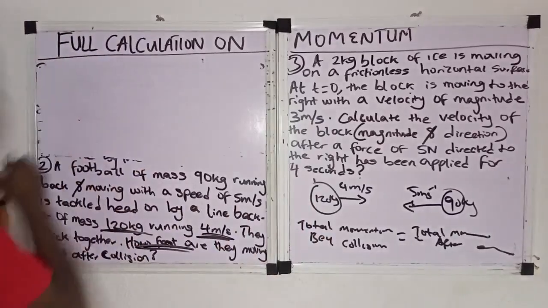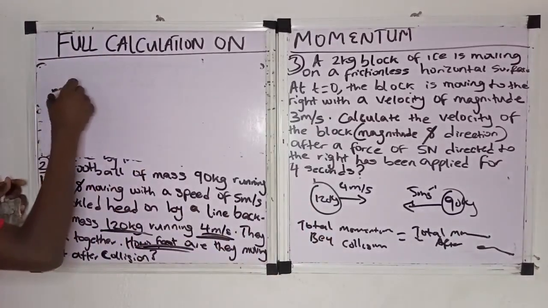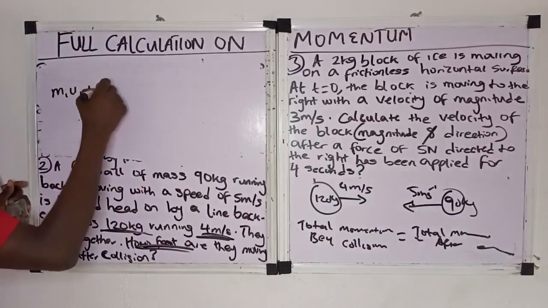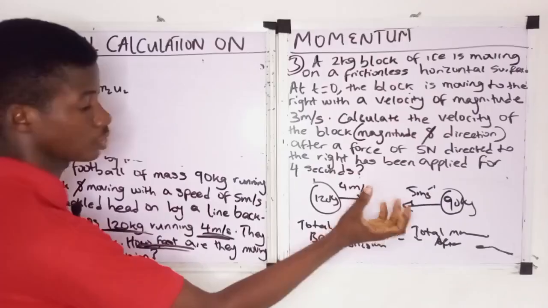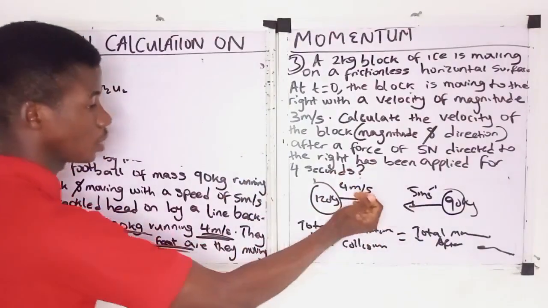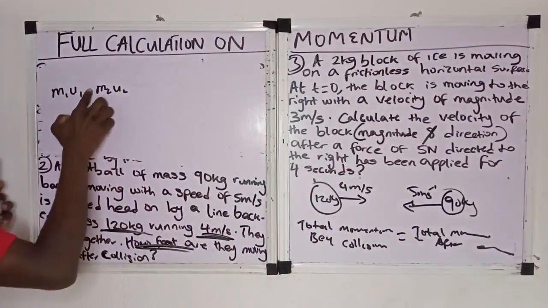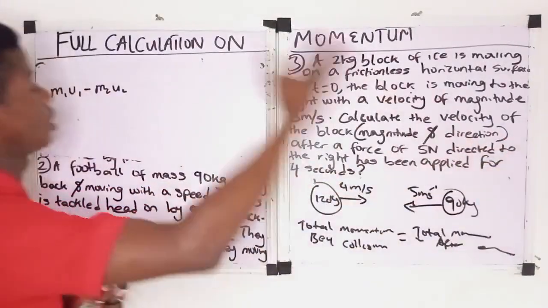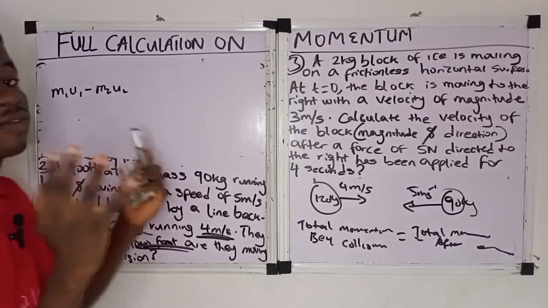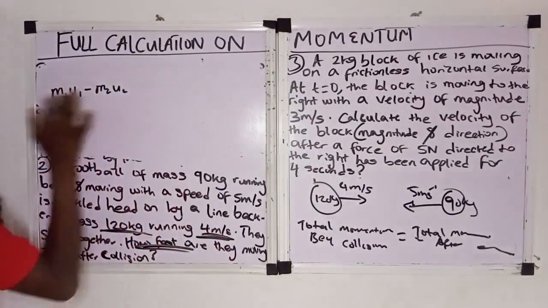The total momentum is m1u1 plus m2u2. Now remember that they are moving in opposite directions. This one is coming towards this side, and this one is coming towards this side. So I will use minus. Had they been moving in the same direction, I would have used plus. But since they are moving in opposite directions, I'll use minus.